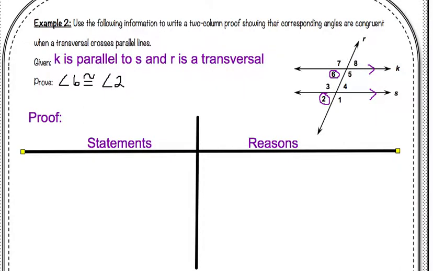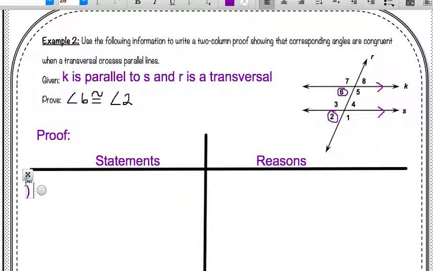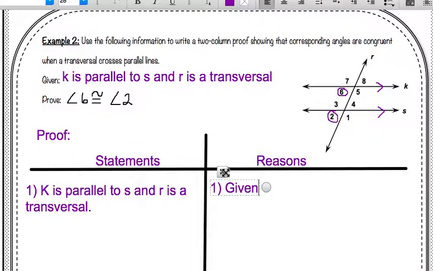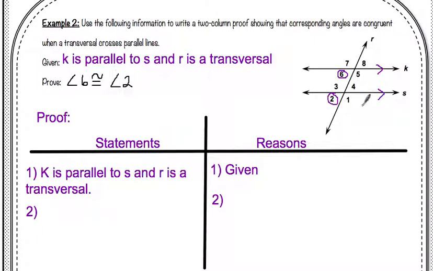The first thing we're going to write down is the given. K is parallel to S and R is a transversal. And the reason for that is given. The next thing we're going to write down is we need a pair of alternate interior angles.